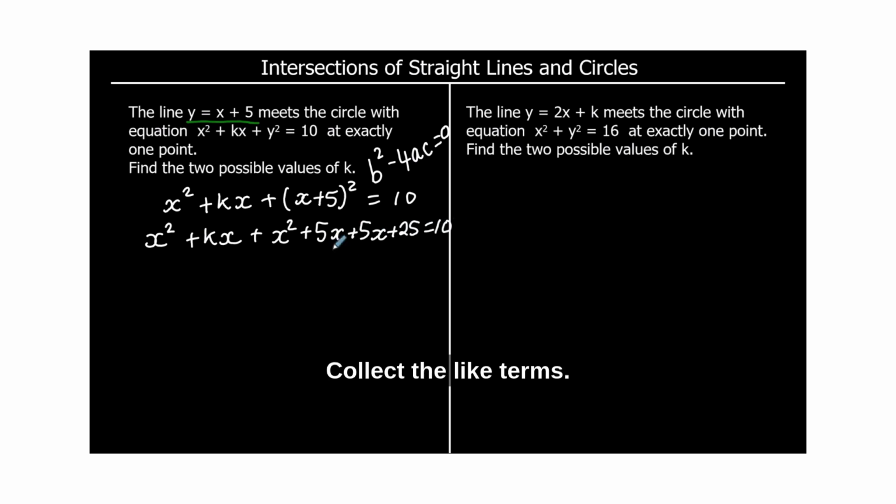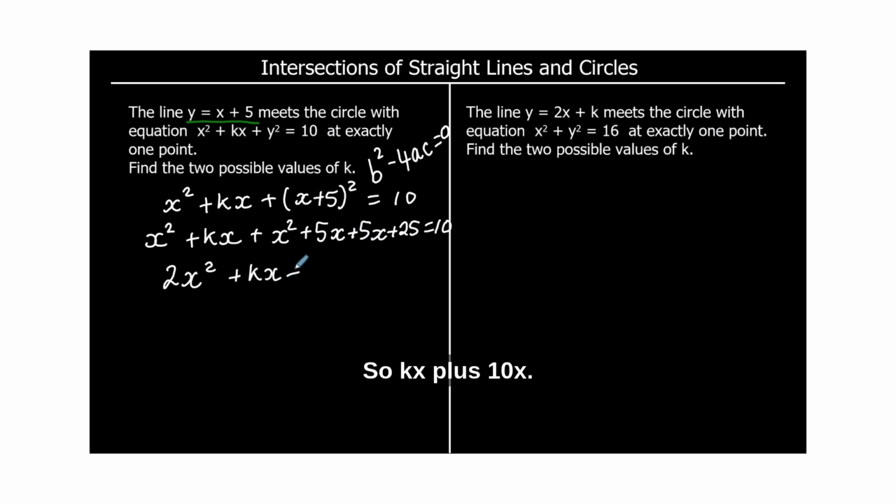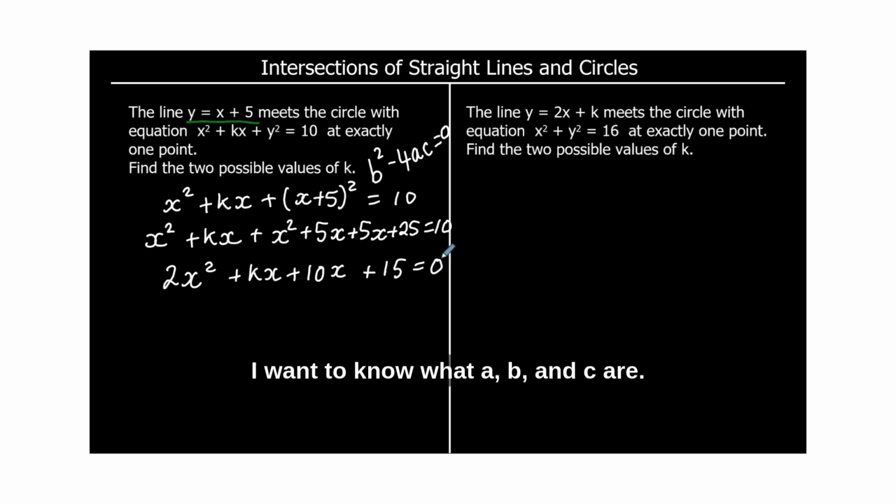Collect the like terms. So we've got 2x squared. We've got kx plus 10x. And I'll just write them as 2 separate terms first. So kx plus 10x. And we've got 25 take away 10, which is 15. I want to know what a, b, and c are.